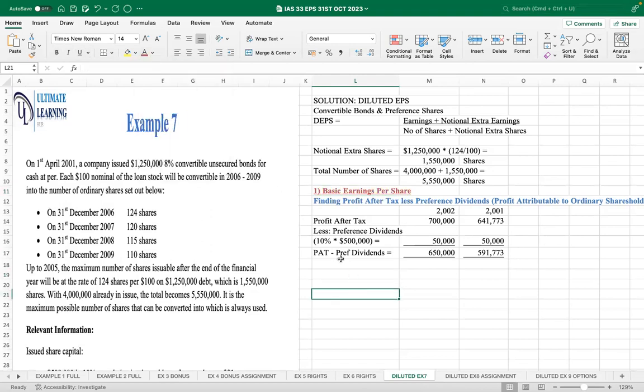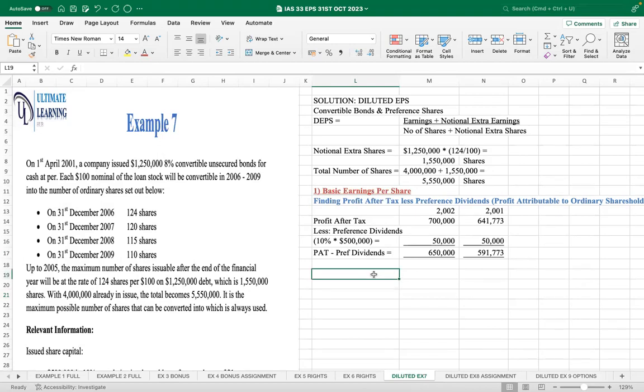Okay, now that is profit. But we also need the number of shares, which remember has not changed. We only change it if we want to calculate, please get me right, the diluted EPS.